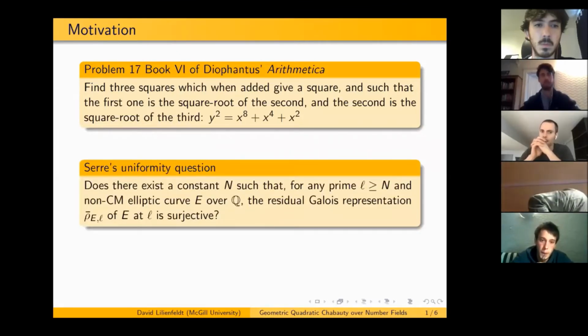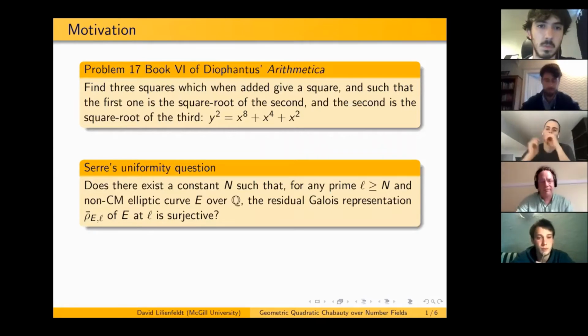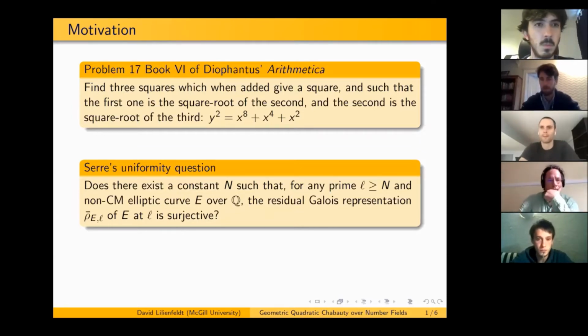Another question that I will use for motivation comes from Serre's uniformity question. This concerns elliptic curves. Whenever you have an elliptic curve defined over Q and you choose a prime l, you can consider the action of the absolute Galois group of Q on the l-torsion points of your curve. This gives rise to what is called the residual Galois representation of E at l. It's a homomorphism from the Galois group into GL2(F_l), where F_l is the field of l elements.